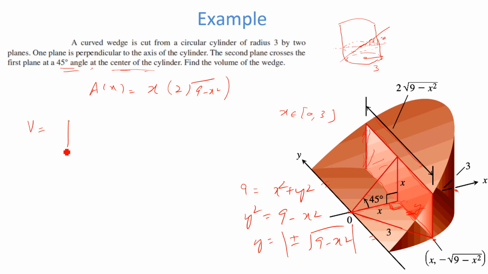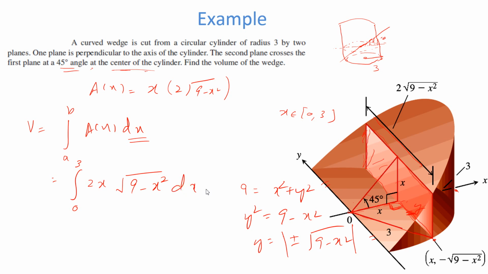So volume integral is integral from a to b of A(x) dx, and x varies from 0 to 3. So we are going to integrate with respect to x, so we have to find the limit for x. So from 0 to 3, area is 2x square root of 9 minus x square dx.